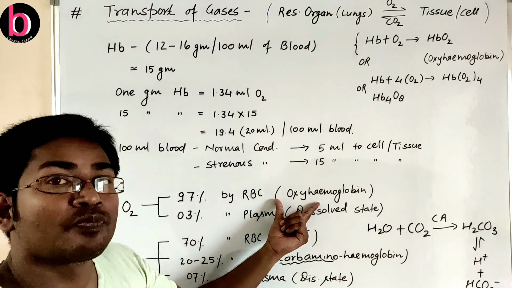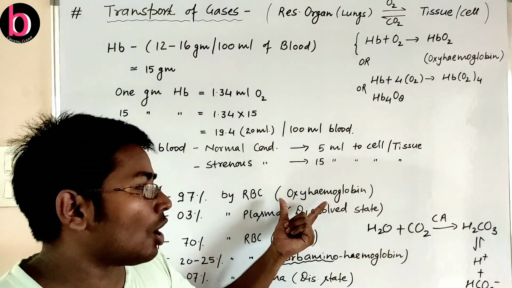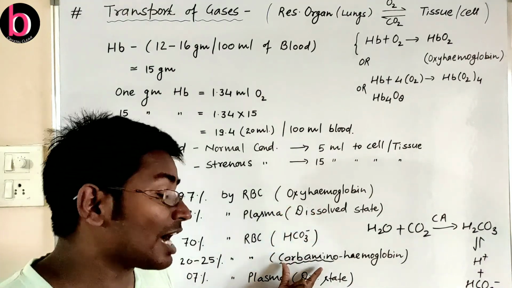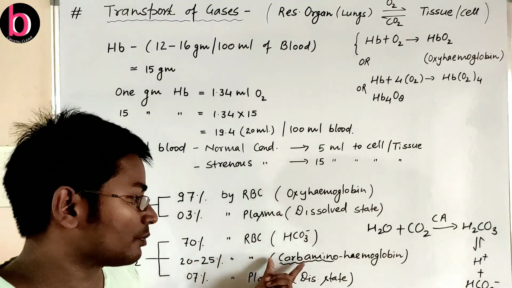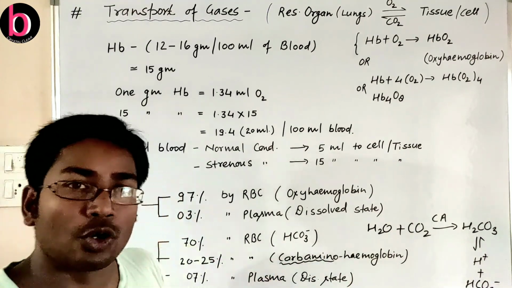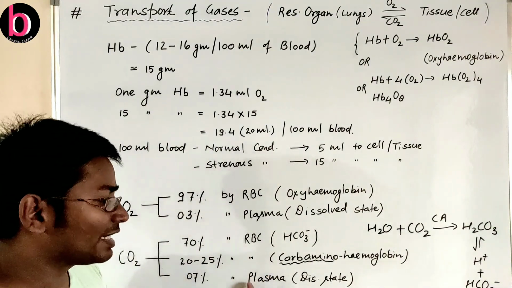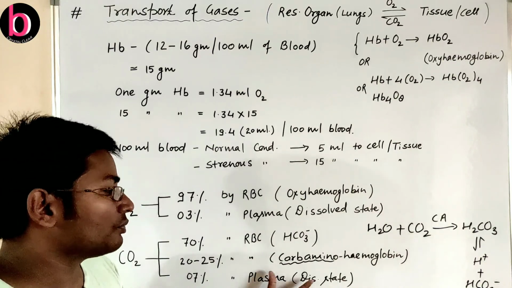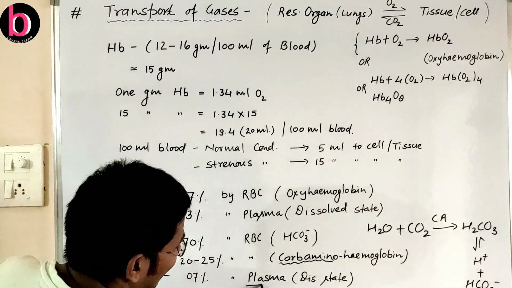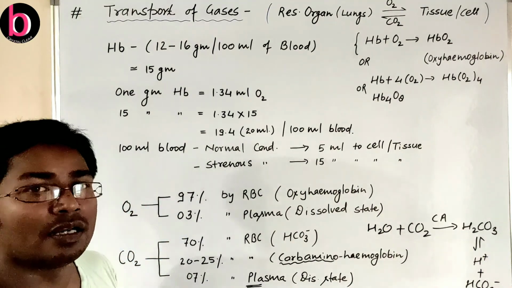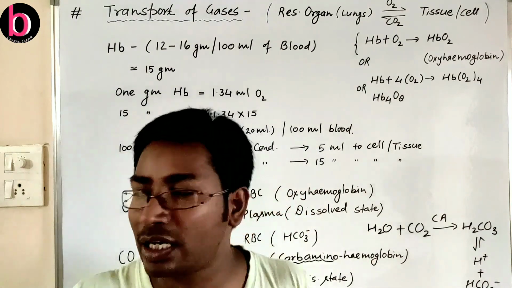Here we discussed oxygen is associated with the iron element of hemoglobin, but carbon dioxide binds with the amino group of hemoglobin. So this is carbaminohemoglobin, while only 7% of carbon dioxide is transported in physical solution form, that is in dissolved form, by plasma. So this is how gaseous transportation occurs in our body.